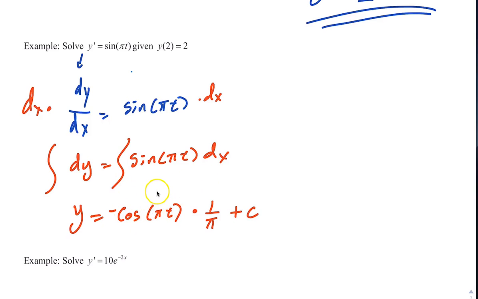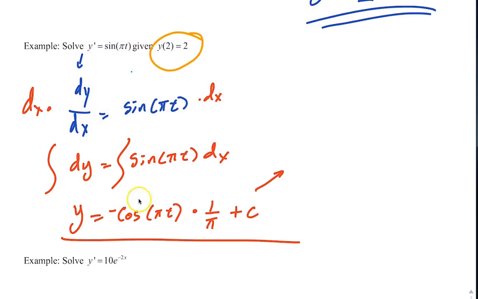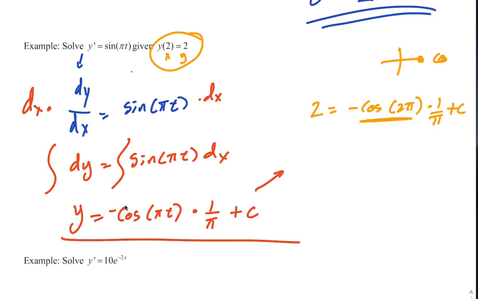So that's my equation, and then I've got to solve for c. So we're going to sub in our initial condition, and I get 2 equals negative cosine of 2 pi times 1 over pi, plus c. Cosine of 2 pi, a little trig. Here's cosine. That point is (0, 1).